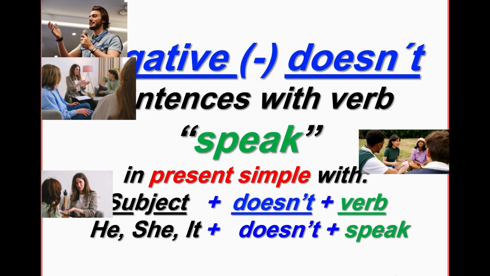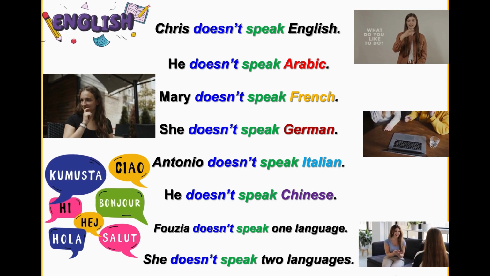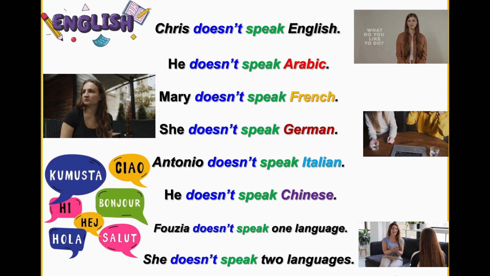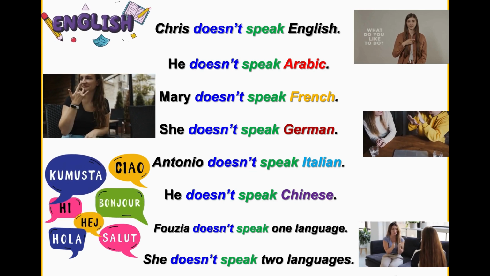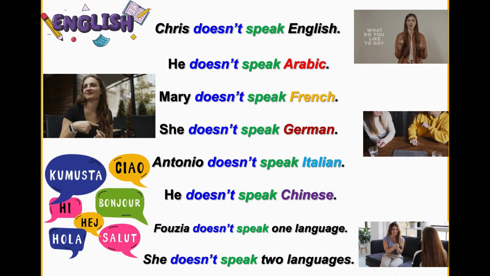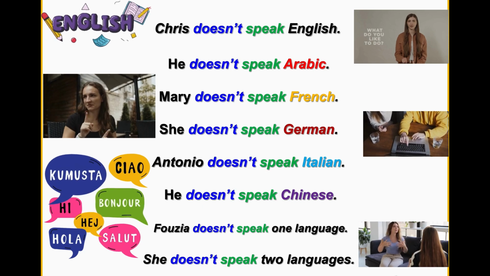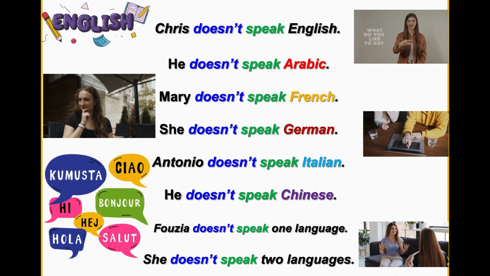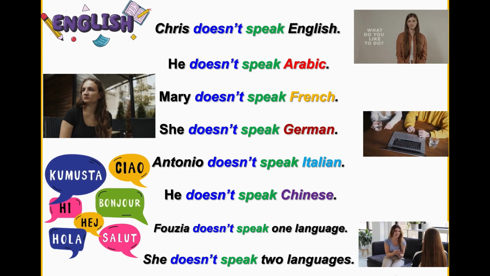The negative form. Pronounce it Chris. So in some words, ch is pronounced k. So this word is Chris. Chris doesn't speak English. He doesn't speak Arabic. Mary doesn't speak French. She doesn't speak German.